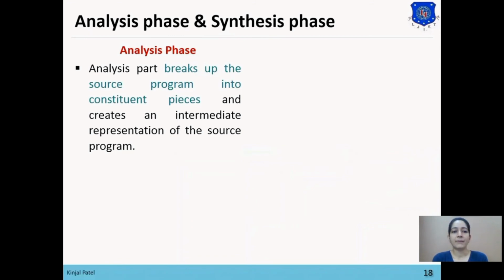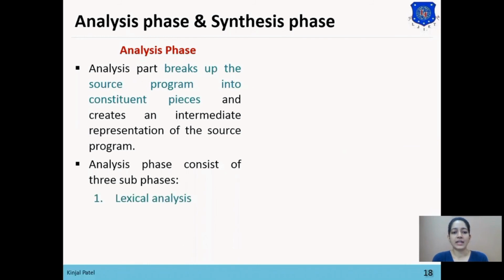The analysis part breaks up the source program into different parts and creates one intermediate representation of the code. The analysis phase consists of three sub phases. The first one is lexical analysis, the second one is syntax analysis, and the third one is semantic analysis.